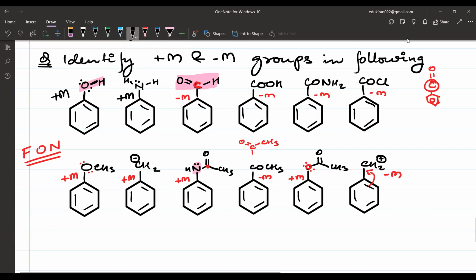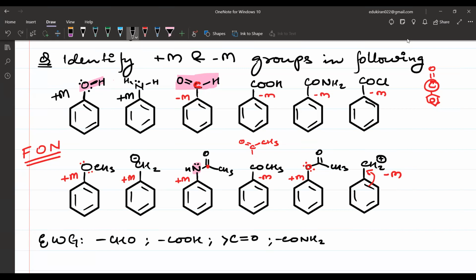all these groups, right? So please write here electron withdrawing groups. Which ones will be the electron withdrawing groups? If you have CHO, if you have COOH, if you have C double bond O, like the one you had here, this one C double bond O, it is connected to two groups, okay? And then what else can you have? You can have CONH2, you can have COCH3, you can have COCl.